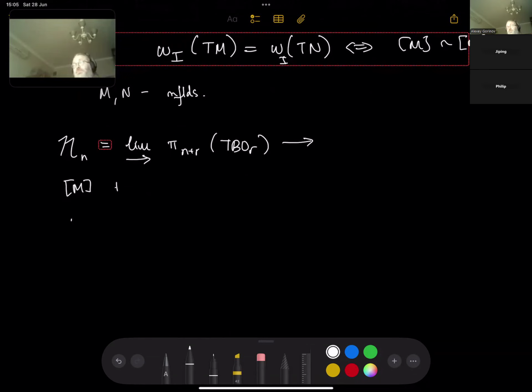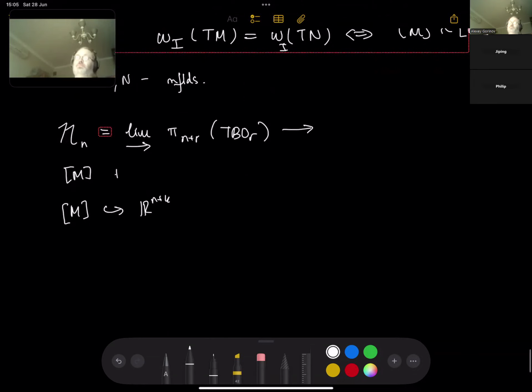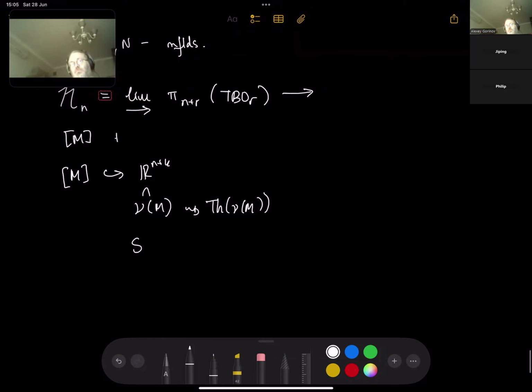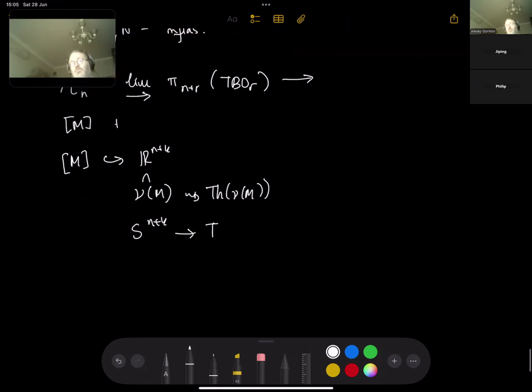So you take M, you embed it in some R^(n+K), and then you choose a tubular neighborhood of M, and then you take its Thom space, where you collapse everything outside the Thom space of the normal bundle, and this gives you a map from S^(n+K) to TBO_K.